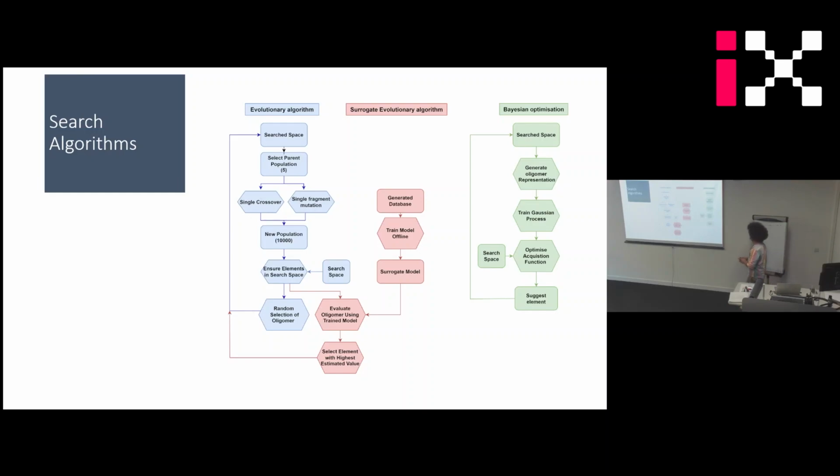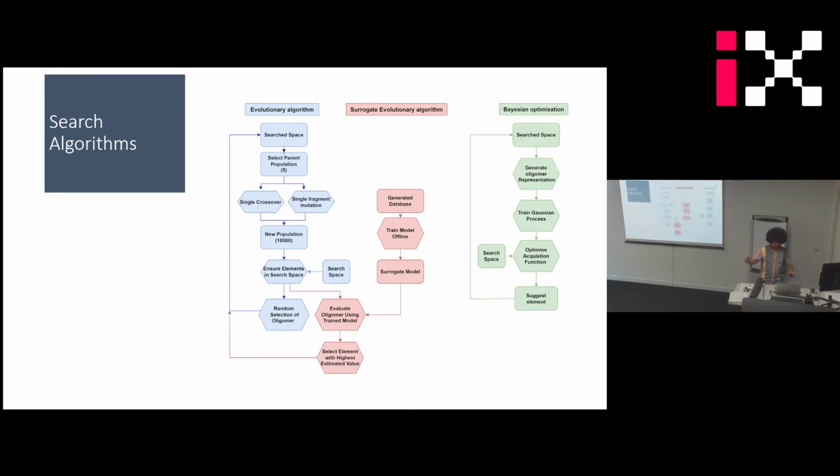So what is an evolution algorithm? You start with your initial space. You take a certain number of parents, so it's very much like what you have in nature. You select a number of parents, you do some mutations or crossovers between the parents, and then you generate a new population. You randomly select one element from this population that is within your search space, and then you evaluate it.